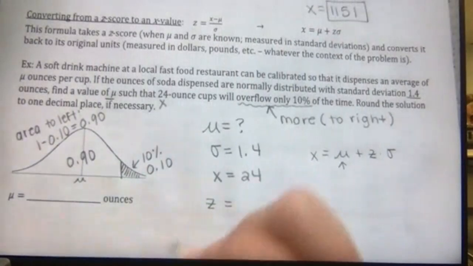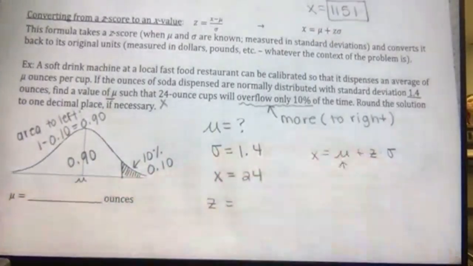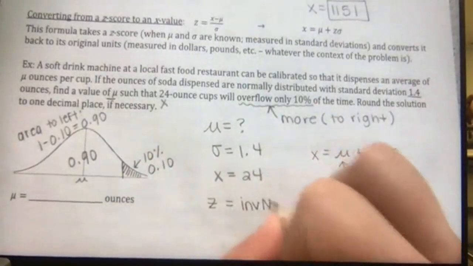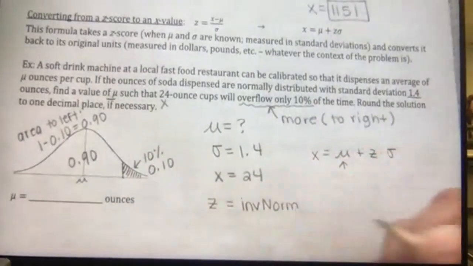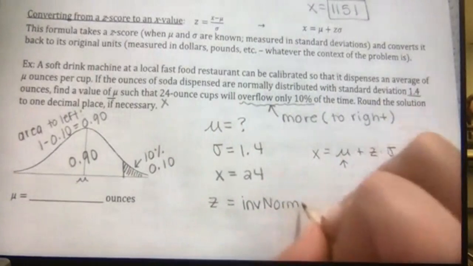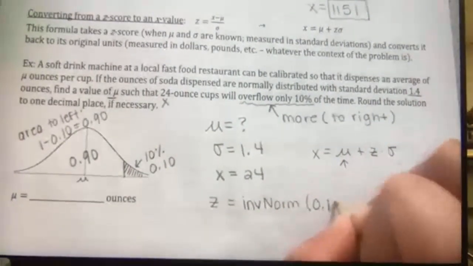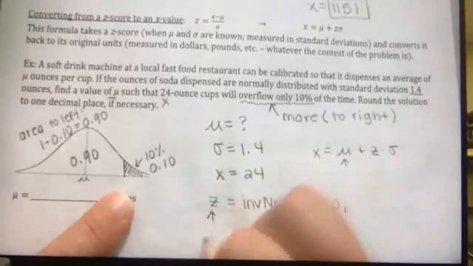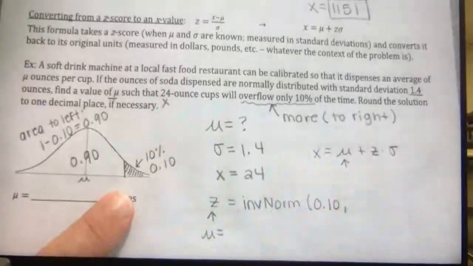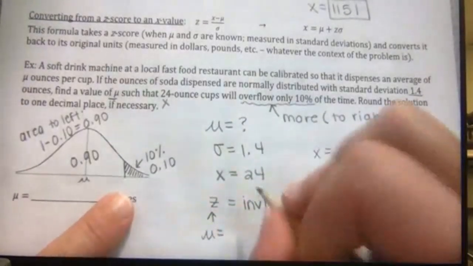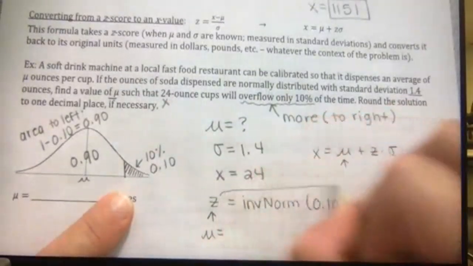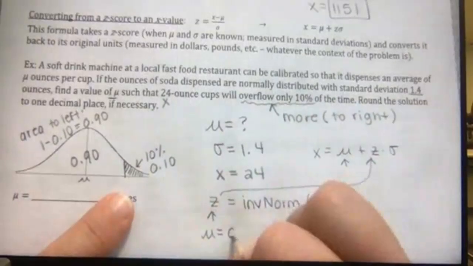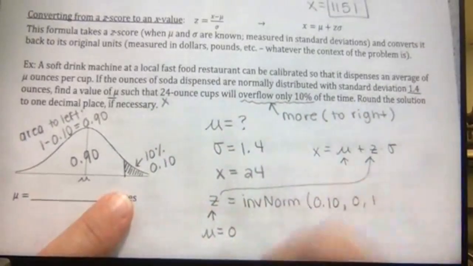So just like we've been doing, our Z value is going to be inverse norm. They give us the area to the right, so I'm going to do it both ways. I have the option of area to the right, so my area to the right is 0.10. We're looking for our Z value, and our Z has a mu of 0 and a standard deviation of 1.